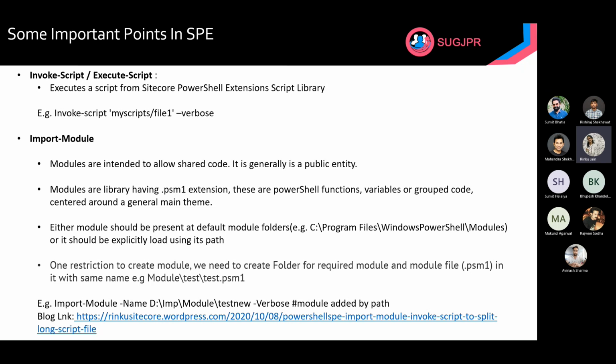If you do that, you can either import that module using the path, or you have to update the module path in the environment variable to include your folder as well. Then it will automatically include that module in memory. If it is not in the module folders of the environment variable, you have to explicitly load that module. We'll see how we can do that.